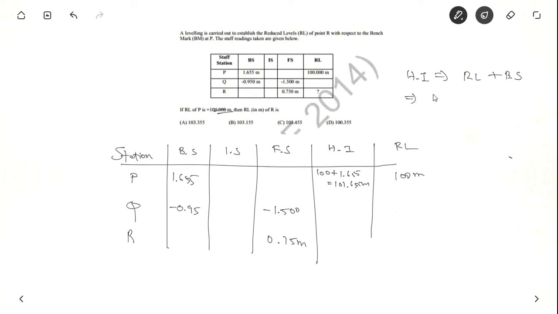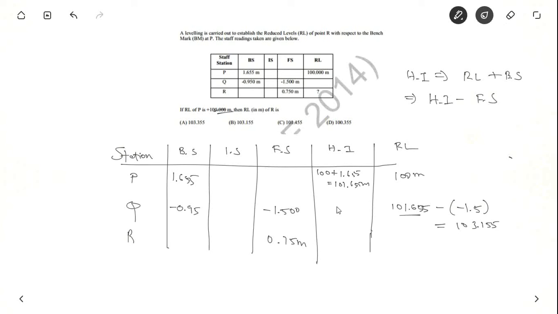So elevation of next point is nothing but height of instrument minus foresight. So 101.655 minus foresight. Here it is already minus, make sure you copy the minus sign also, minus 1.5.